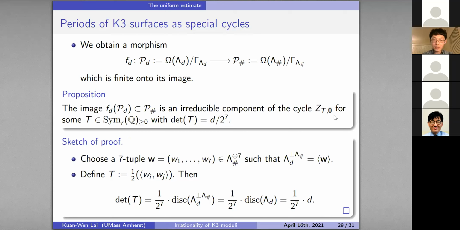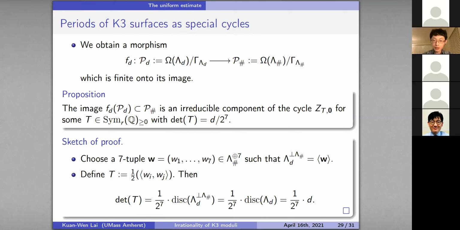Okay, but there's a problem here. Remember, we want to estimate the degree of irrationality of the moduli of K3 surfaces, and from the Torelli theorem for K3 surfaces, it's the same as estimating the degree of irrationality of these P_D here. So what we can do is realize the image of these periods using this morphism as special cycles in this P sharp.